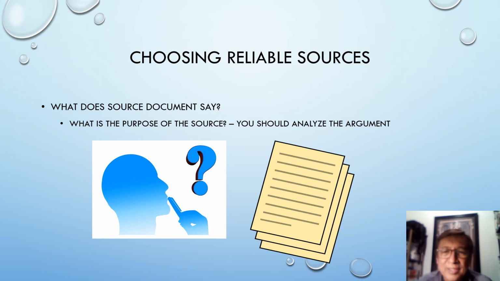But if you think it's rather limited because the author wasn't intending for a large audience, maybe just a certain group of individuals, then maybe it's not the right source for you to use. So consider who you think the author is writing to. That's an important thing.